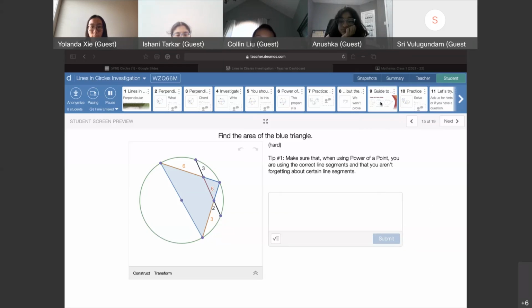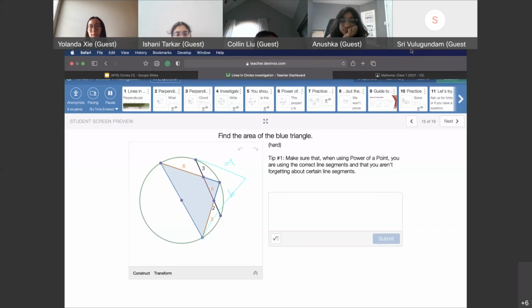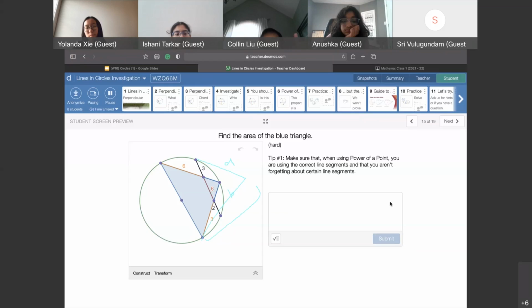So you would have A as a tangent to the circle, B as a segment from the point outside the circle to the first point on the circle, and then B plus C going to the second point it intersects that's further away from the point.